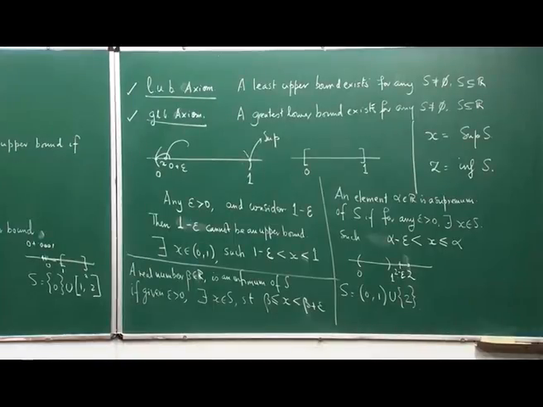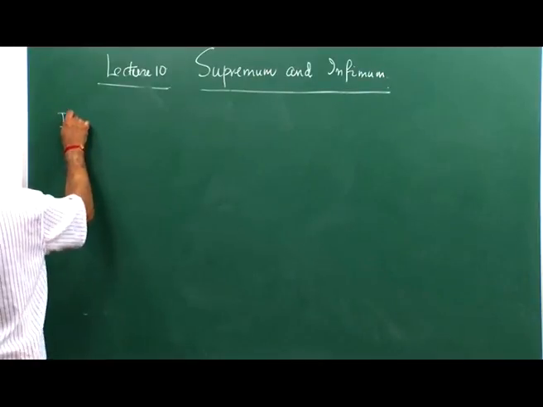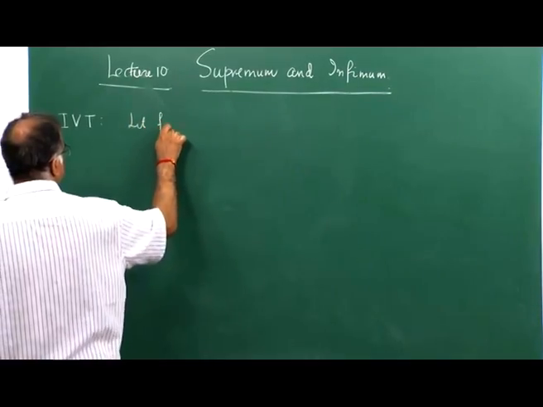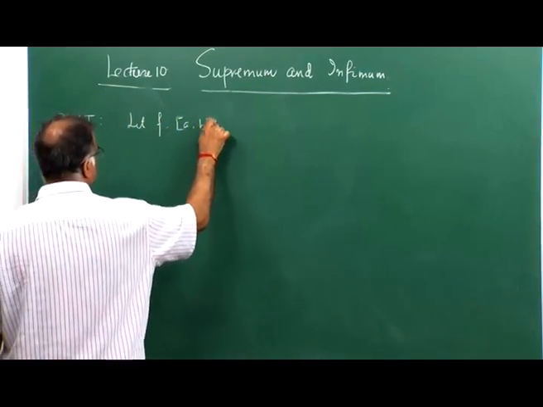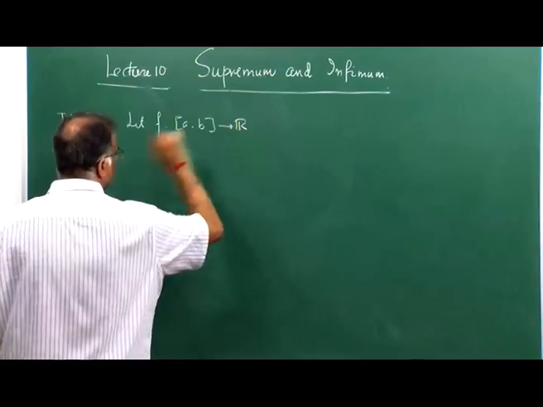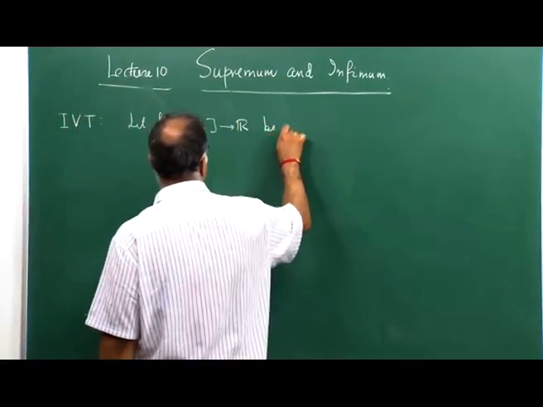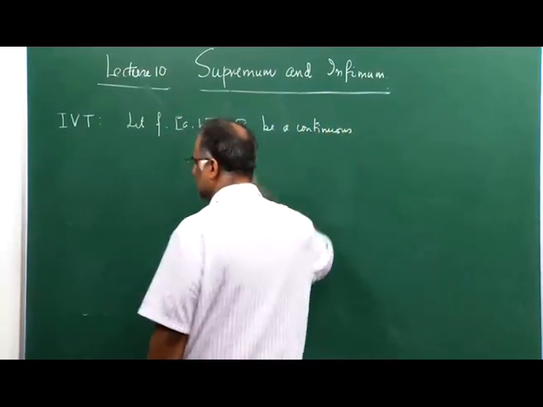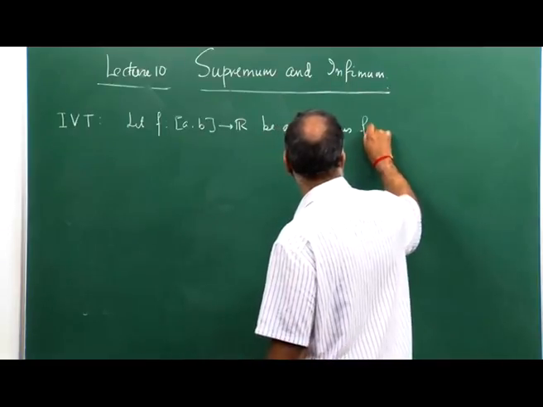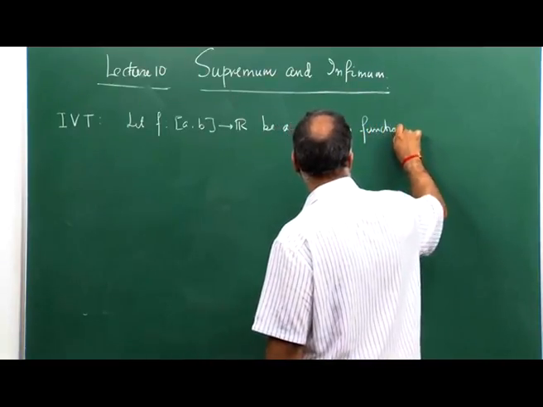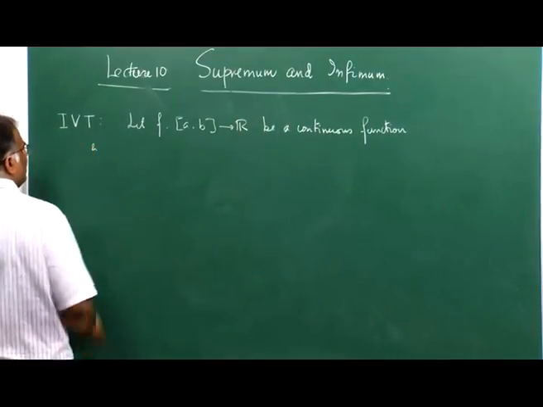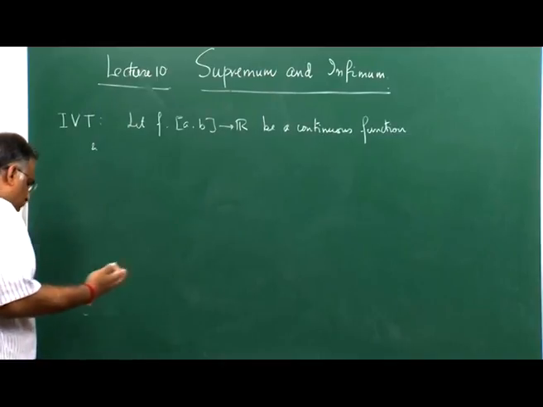So, we are going to prove the IVT, the intermediate value theorem, in its most basic form. Let f from a, b to R be a continuous function, and let the product f a times f b be negative.